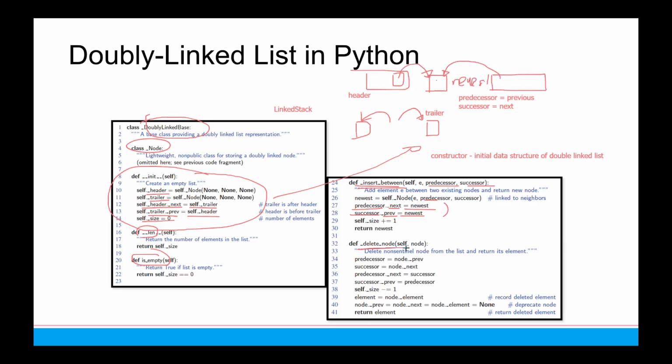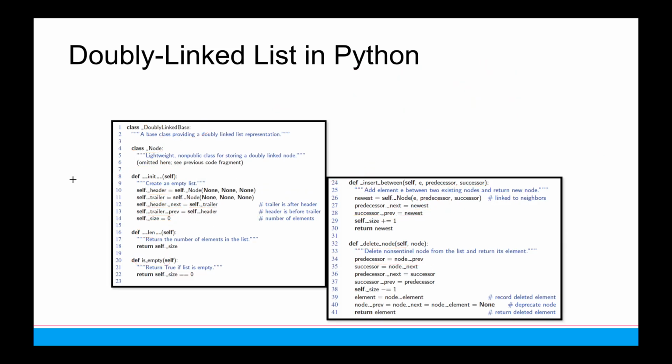If we delete a node, then we need to check what is the predecessor and what is the successor, and then we change the predecessor's next to the successor, and the successor's previous to the predecessor. So if we have this one, at first we check the predecessor. We want to remove this one, so we check what is the previous and what is the successor.